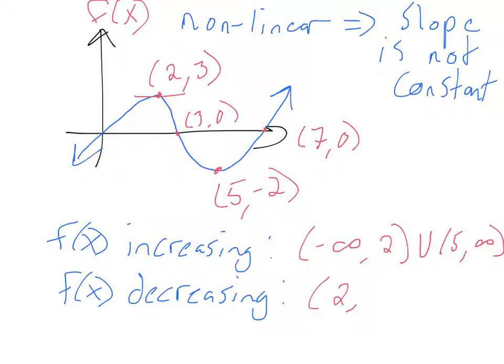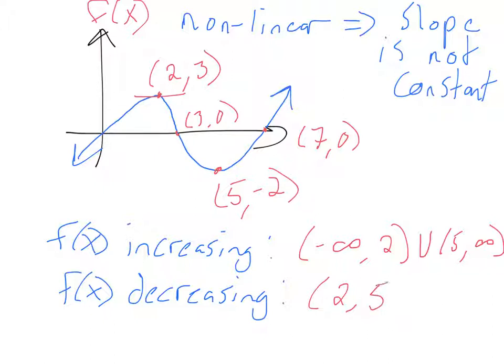It's going up, right? If we follow the function left to right, it's going up. Because we always look at it from left to right, so we always move in this direction. If we're moving in this direction, aren't I going up in y? So it's positive. It's increasing from here to here. It's decreasing from here down to here. Yeah, that's what I said. Okay, 2 to where? 2 to 5.